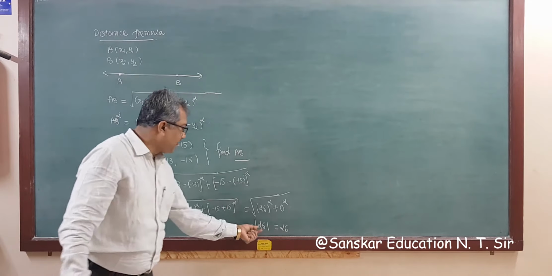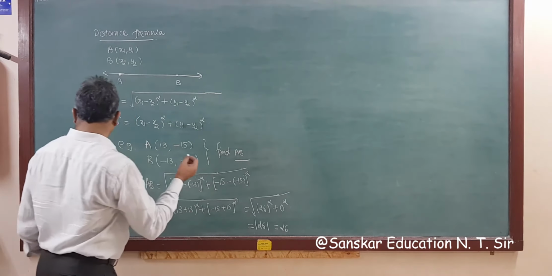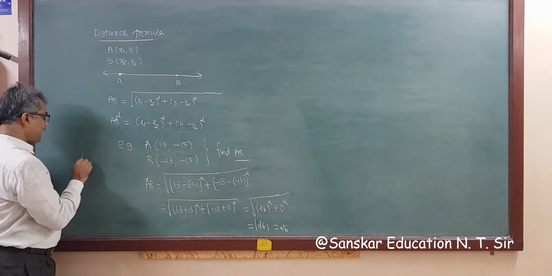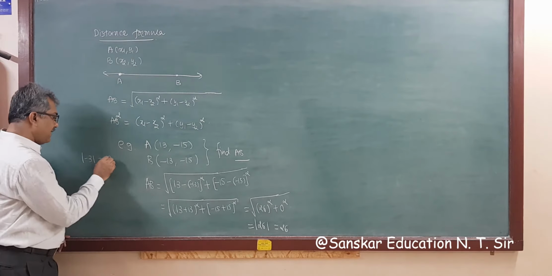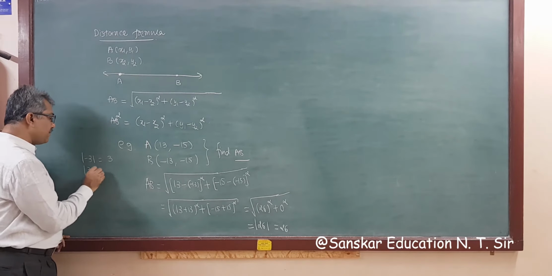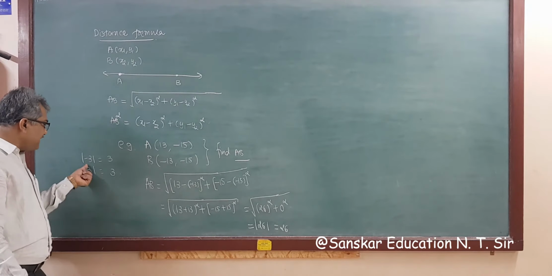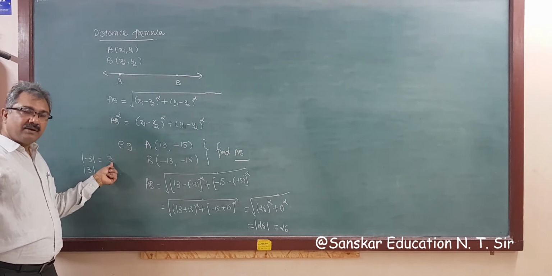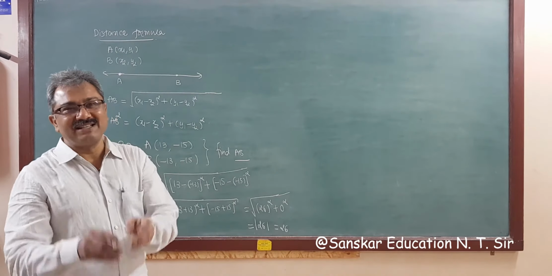Now you know about modulus also. Suppose you are given modulus of minus 3, then the answer is 3, right? And modulus of plus 3 is also 3, right? Now how does this come? You know only that anything in modulus is always positive.